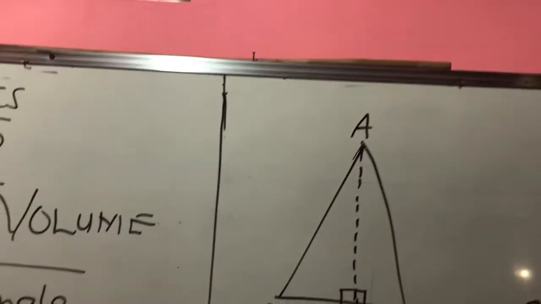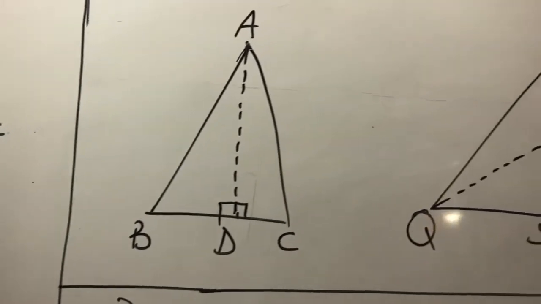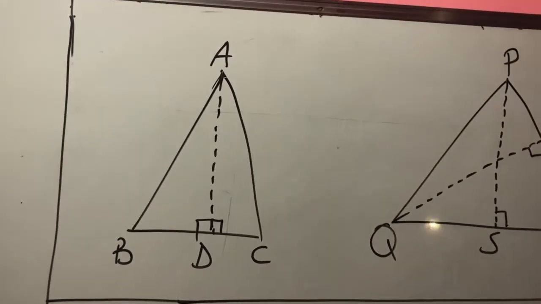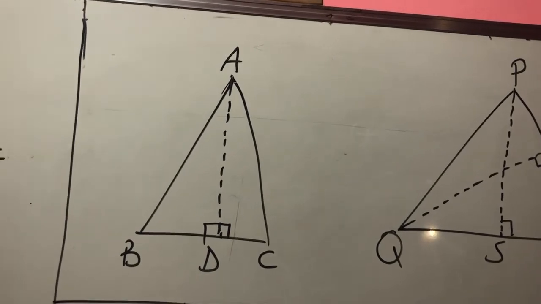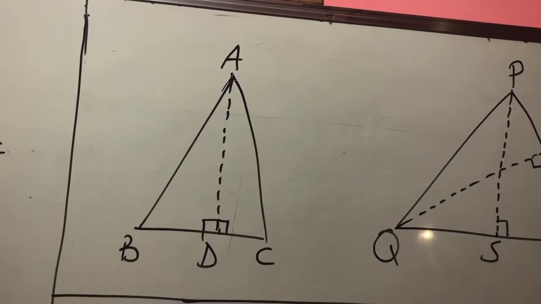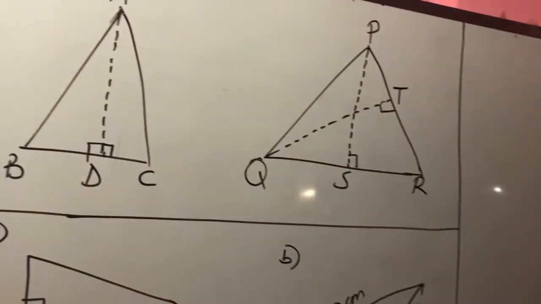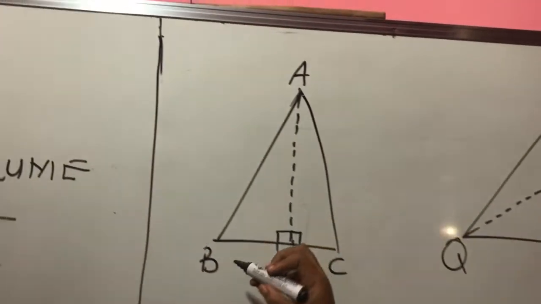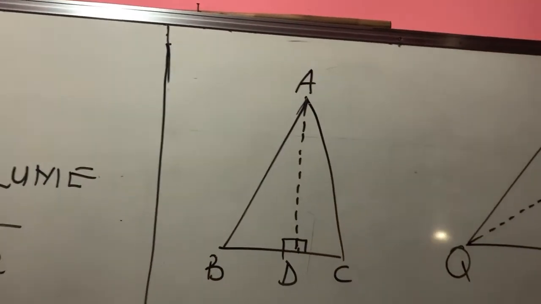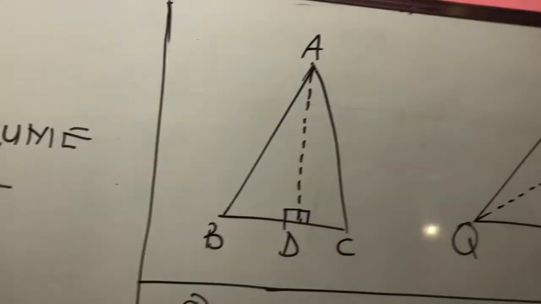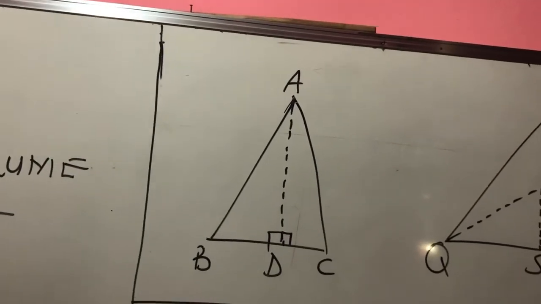And that line AD is what we refer to as the height or the altitude, and its corresponding base is BC.